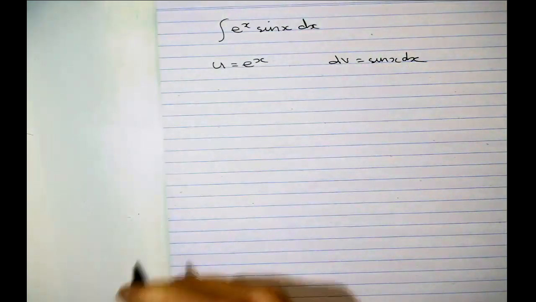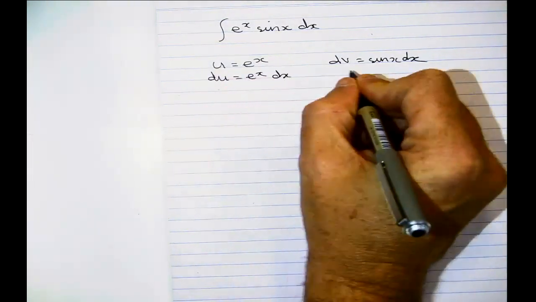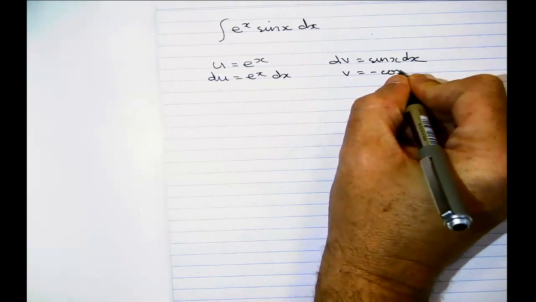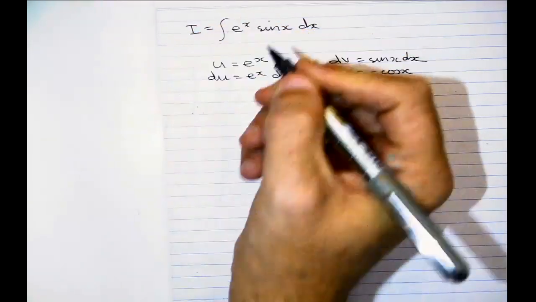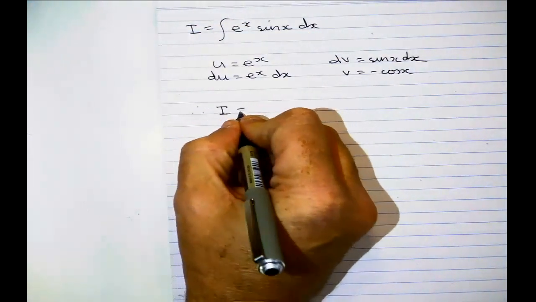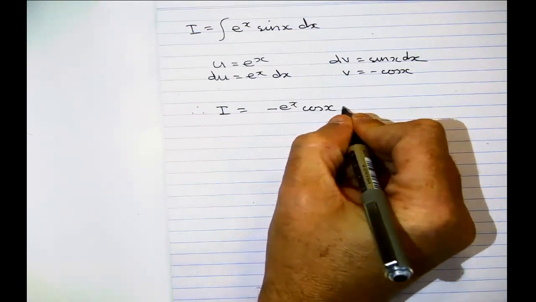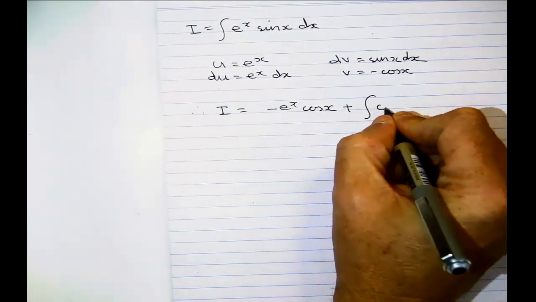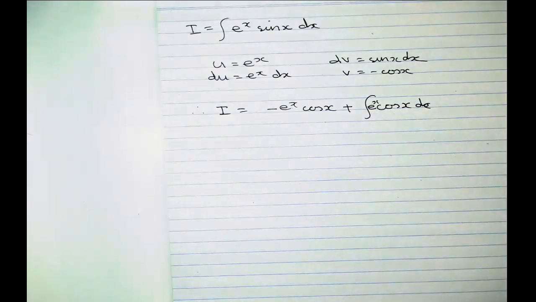Now if I go through the process, the integral of sine is minus cos. Let's call this I. There's a reason I'm doing that. It's u times v minus the integral. Now it's not harder, but it's not easier either, is it?